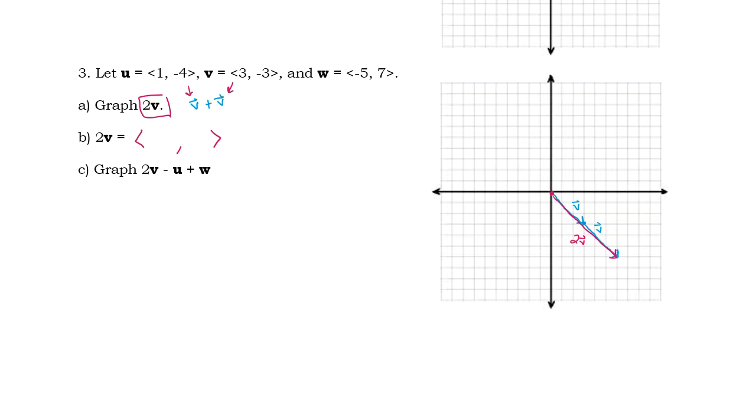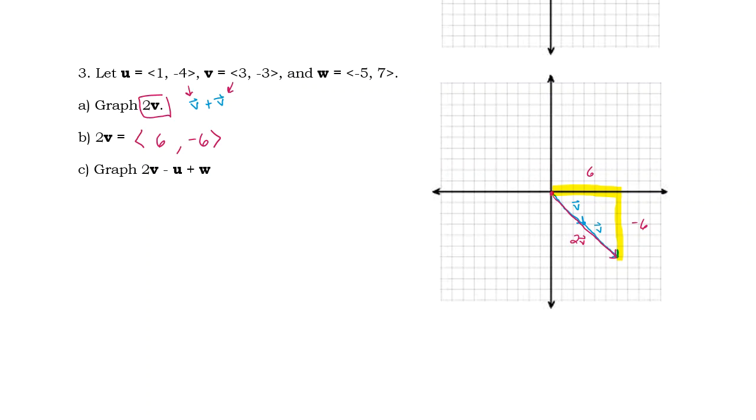So these are the components: how far in the x direction did we go, and how far in the y direction did we go? Well, we went 6 units in the x direction and -6 units in the y direction. So the components of vector 2v are 6, -6.